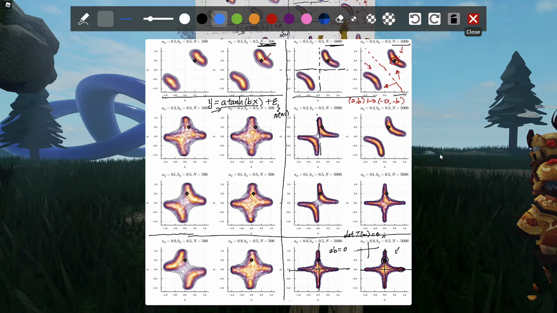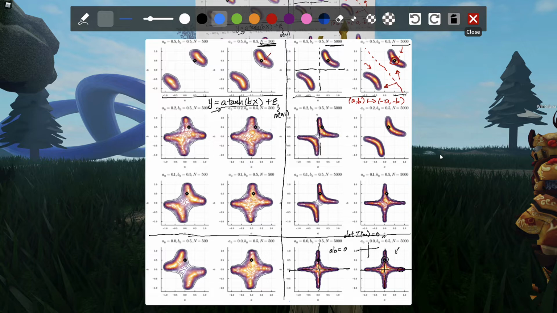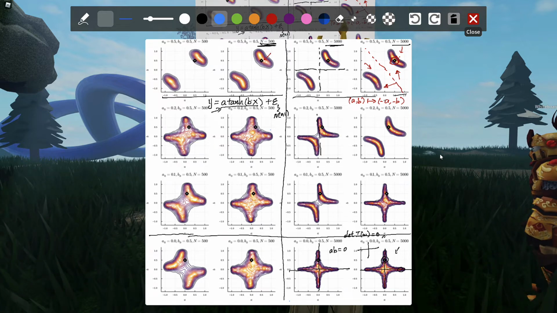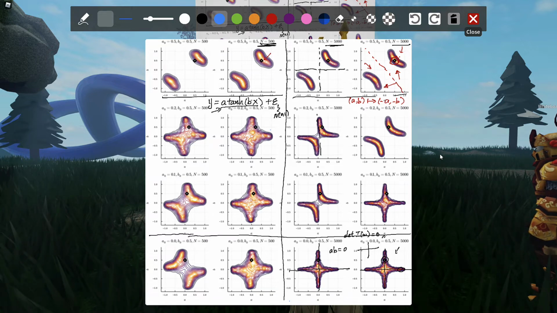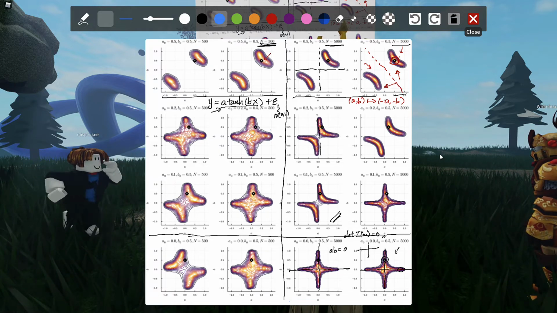But these plots are meant to illustrate that even if your true parameter does not lie on the set where the Fisher information matrix is degenerate, you are still massively impacted by the fact that there is a non-trivial set where the Fisher information matrix is degenerate, right? So let's look at, for example, the behavior out here.